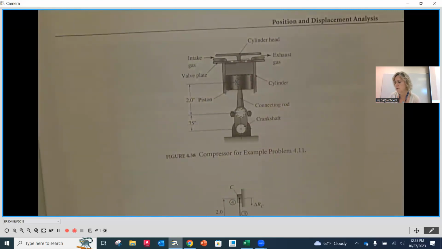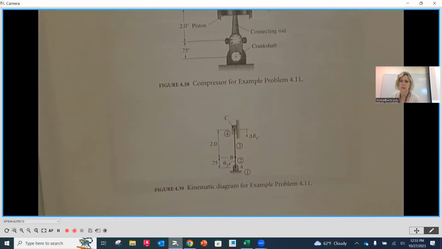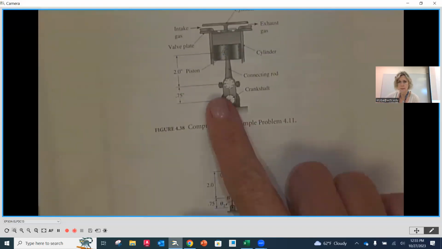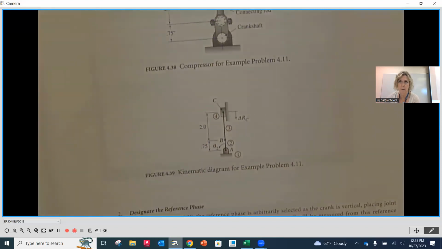Now to represent that kinematically, we see it's a simple slider crank mechanism. Our slider is right here. This is going to represent our piston, connecting rod, and then our crank is right down here. Now, if we draw that to scale using the dimensions that they have here, then we have a representation of exactly that.